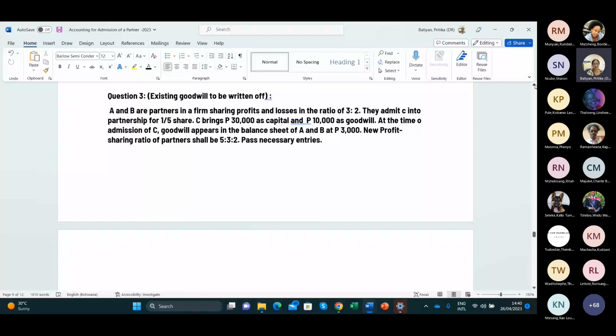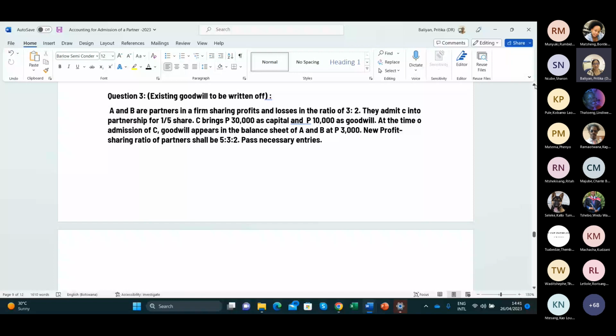The next question says: A and B are partners in a firm sharing profit and losses in the ratio of 3:2. They admit C into the partnership for a 1/5 share. C brings 30,000 as capital and 10,000 as goodwill.